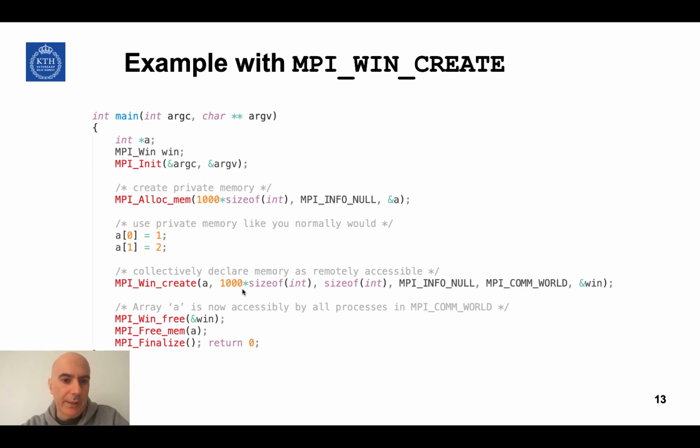We give the size, and then we give the displacement unit in this case, which, remember, is in bytes, so it's the size of an integer. And at the end, we always need to remember to free the memory that we have allocated.